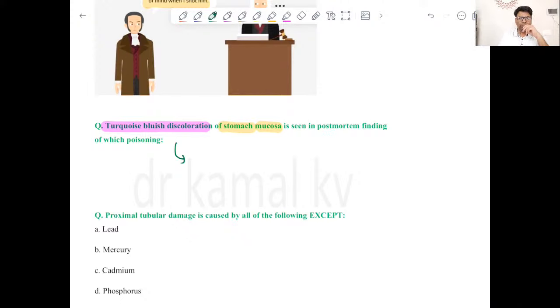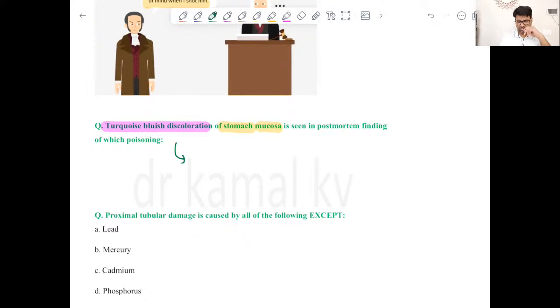These kinds of questions usually come, like discoloration of stomach mucosa. Very good, Sangmitra, very good: sodium amytal capsules. Sometimes they can ask you about the color of post-mortem lividity, or even specific odors, like we just discussed, garlic odor for arsenic poisoning.